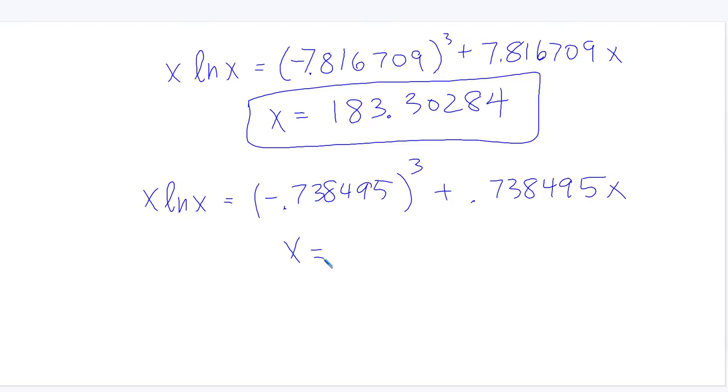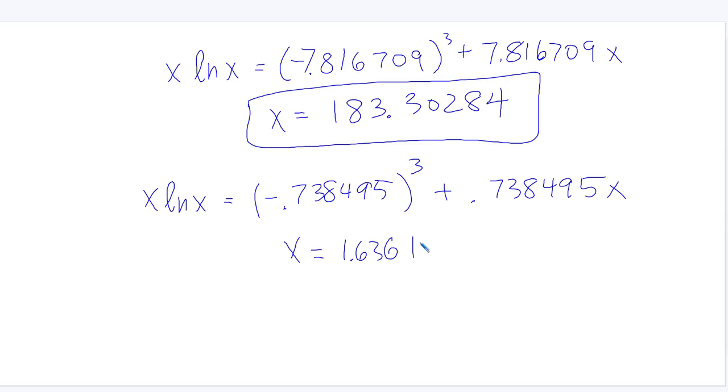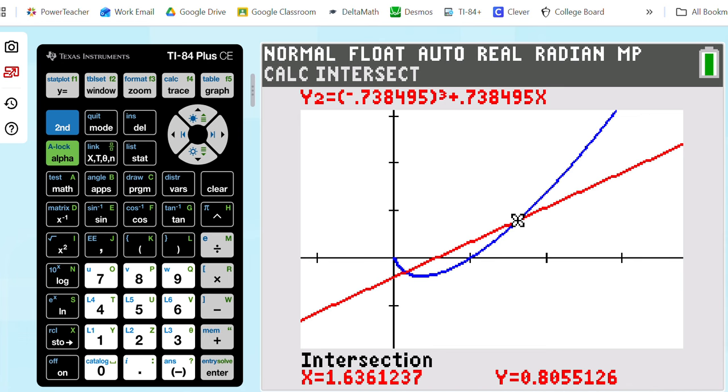So let's put that in here. X is equal to 1.6361237. So we'll go with that. That looks like it works. Now, we really should be checking these back in the actual, because it looks like there's a second one here, right?